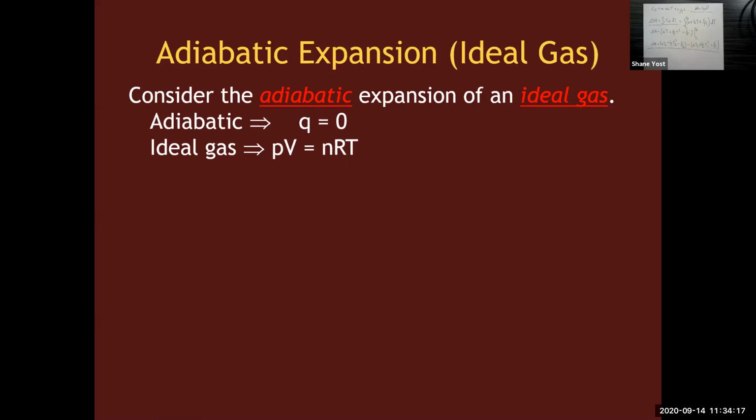Equals negative nRT ln V final over V initial. Yeah. So that's for an isothermal reversible expansion. And where did that kind of equation come from? If I'm looking at just an infinitesimal change in work, it's related with what?